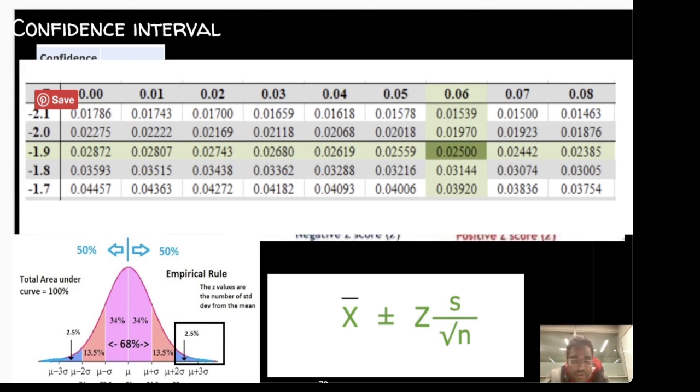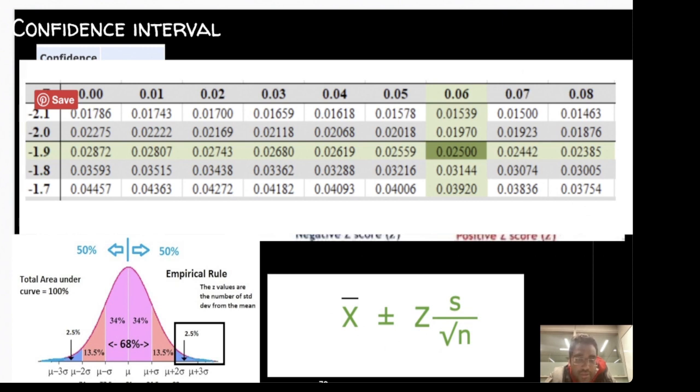Because we have plus and minus values. Plus 1.96 is 2.5%, minus 1.96 is also 2.5%. So 2.5% plus 2.5%, which is 2 times 2.5%, is 5%. So out of 100 it will be 95%.